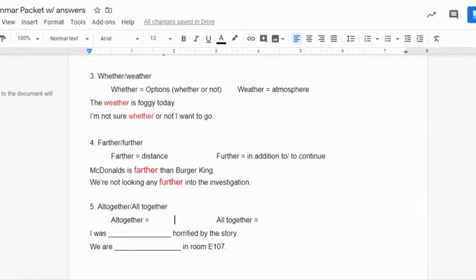There's a difference. Altogether, when it is one word, means entirely. All together, when it's two words, means we are all in one place, which is not a thing anymore. Number one, or the first one, I was altogether horrified by the story.